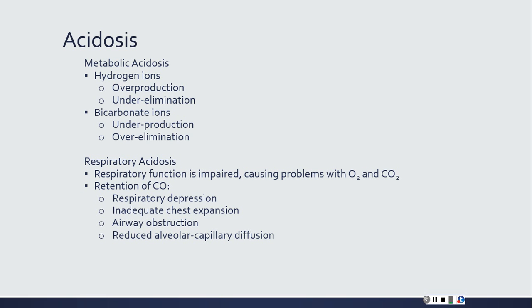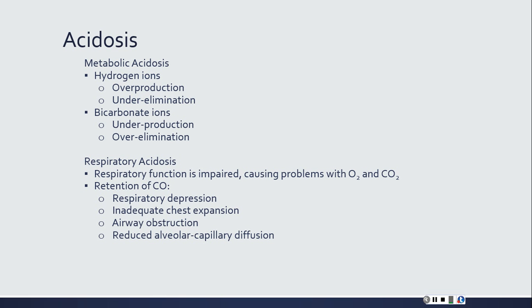With renal failure, we have decreased urinary output, decreased filtration, decreased work of the kidneys. So we don't get rid of the free hydrogen ions. We'll talk about it in a minute, but you're talking about the underproduction of bicarb ions, or an over elimination of the free bicarb.